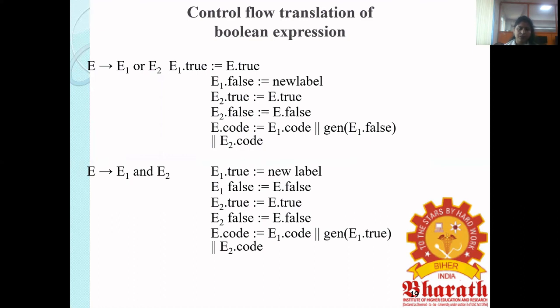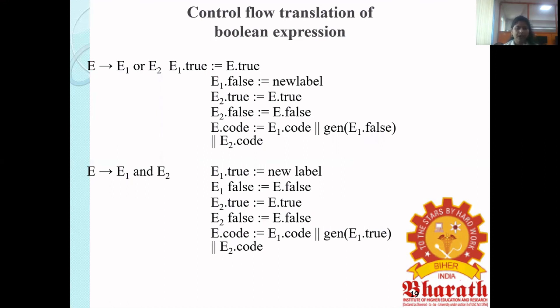If E1 dot false, then we want to create a new label. Then E2 dot true is equal to E dot true, which means it will also be true, and E2 dot false is equal to E dot false. So only for E1 dot false do we create a new label. The E dot code is equal to E1 dot code, generate E1 dot false, E2 dot code.